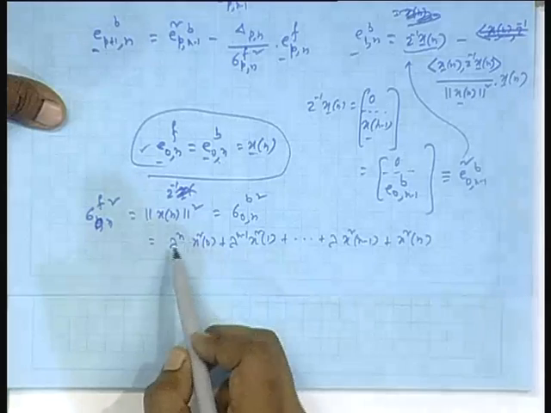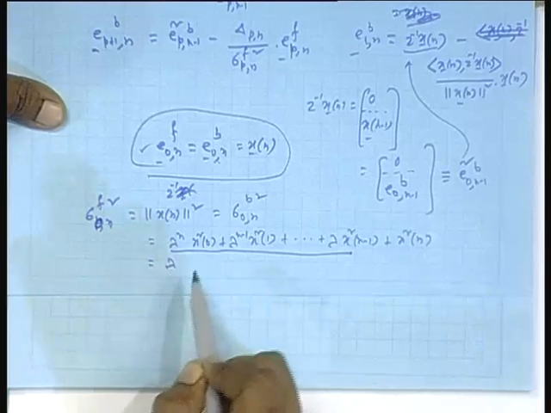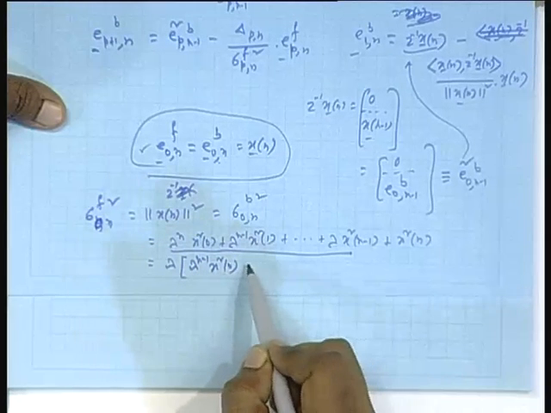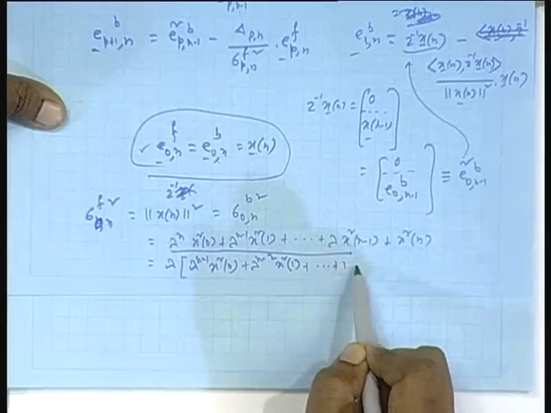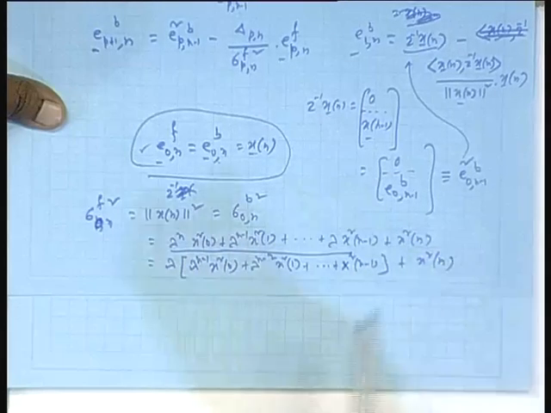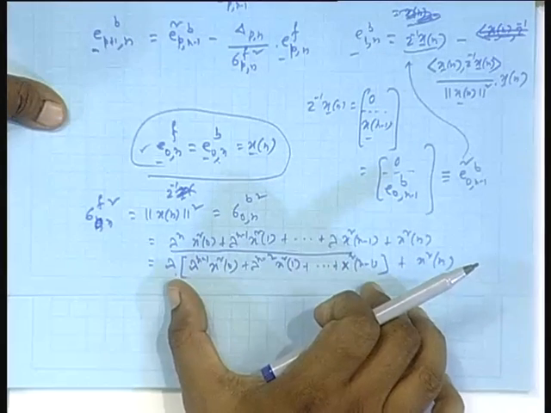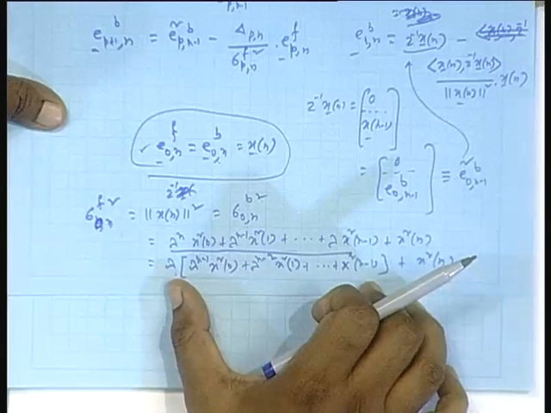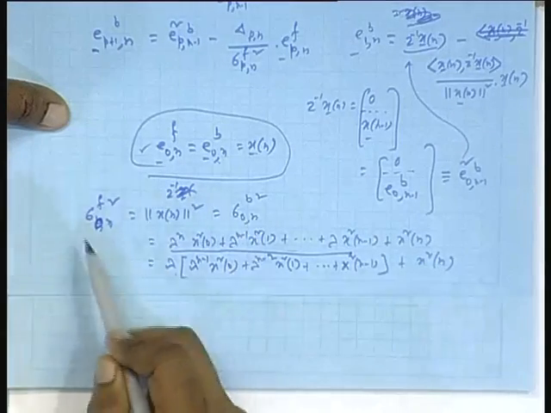Okay. Now, suppose from this part I take lambda common. I take lambda common from this part. So, lambda times this, do you agree it is a norm square of the vector x n minus 1? So, that means this can be updated directly in time.